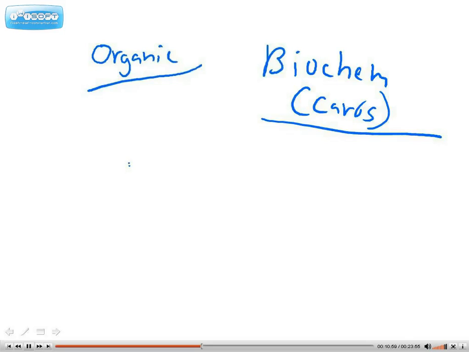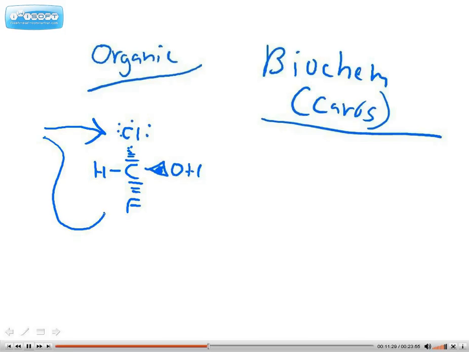Here is an example of an organic molecule, and these are loose classifications, but just to prepare you for the upcoming tests, I may give you something like this, and I would justify that this is just an organic molecule, not a biochem, because it contains chlorine as well as fluorine.